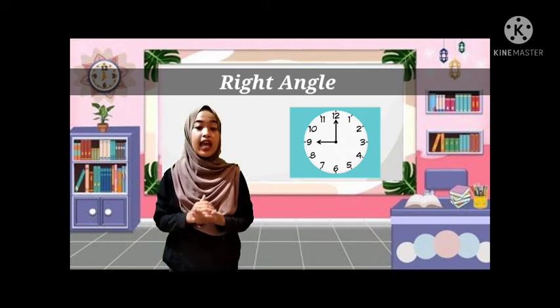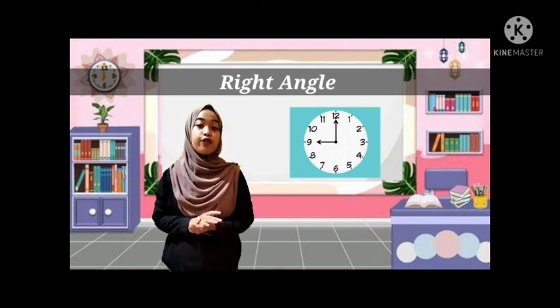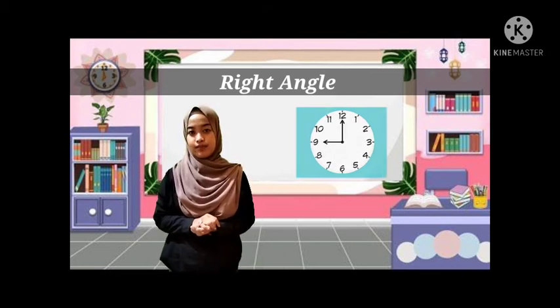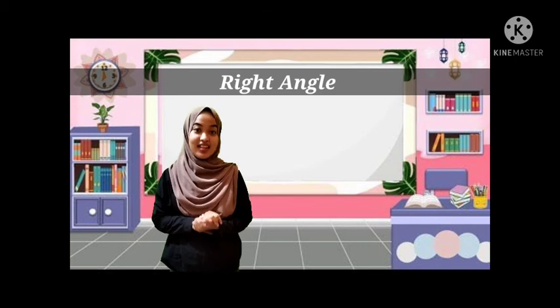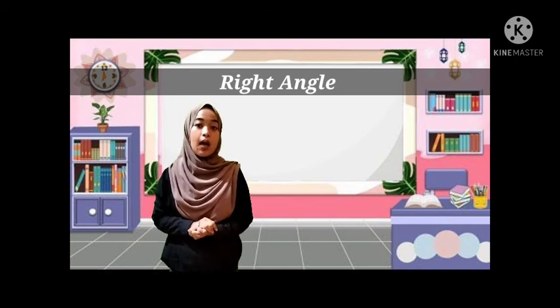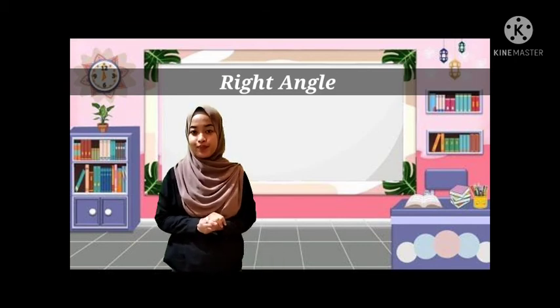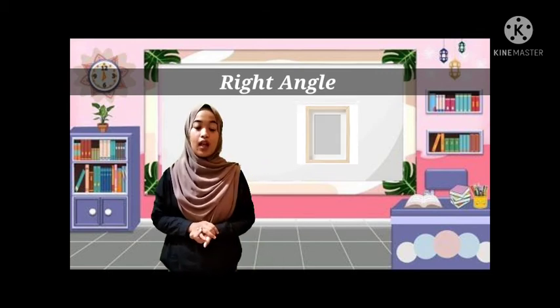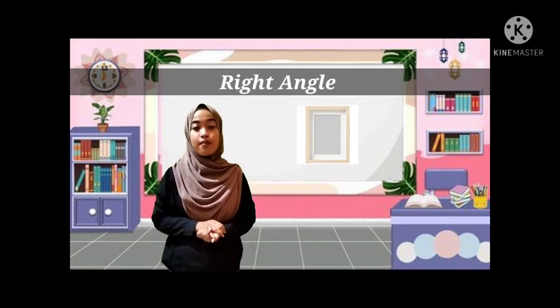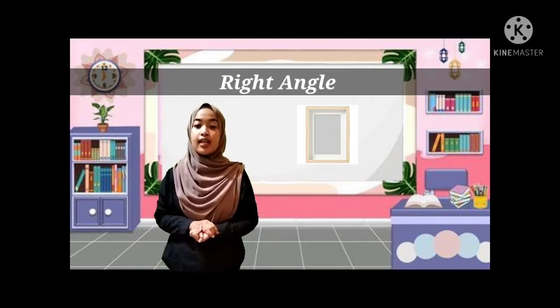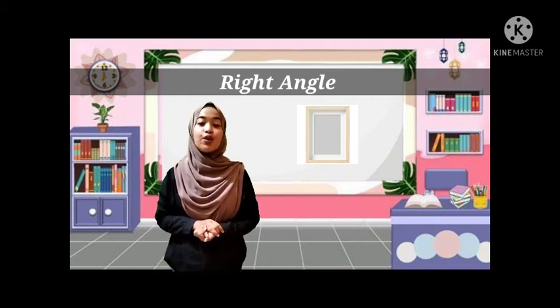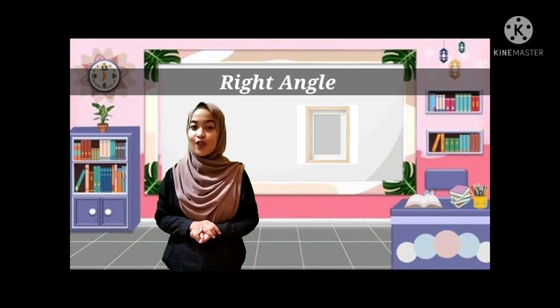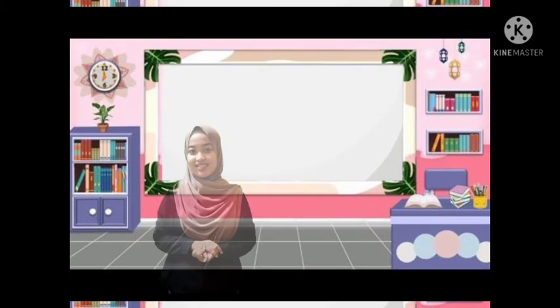If we look at the angle formed at 9 o'clock, it is a right angle. The next example is a photo frame. Look at the following picture. The angle formed on the photo frame is a right angle with an angle of 90 degrees.